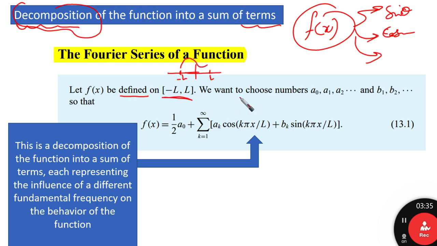We want to choose numbers like a naught, a1, a2, and other numbers, b1, b2, until bn, for example, so that the function we started with, which is defined on this interval, is going to be represented by these coefficients, these numbers that we are trying to obtain, multiplied by the cosine and sine functions.